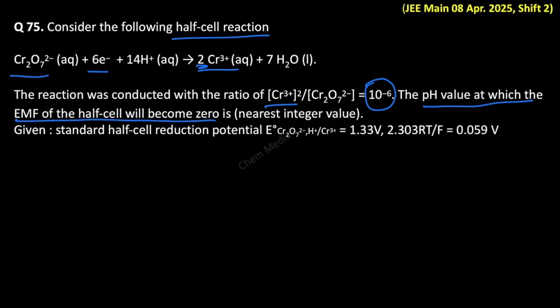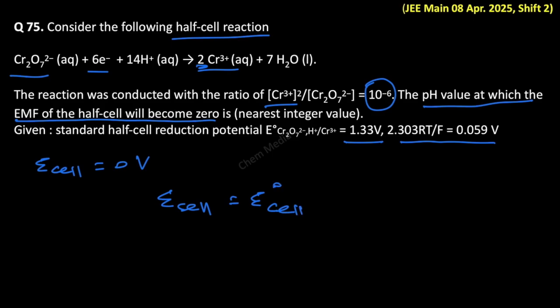Half cell reduction potential is given, and this is the term that we use in the Nernst equation. Now, the condition given here is EMF of the half cell will become 0. So, that means the E cell value is equal to 0 volt. Therefore, as per Nernst equation, E cell is equal to E cell standard minus 2.303 times RT by nF log Q. Q is the reaction quotient.